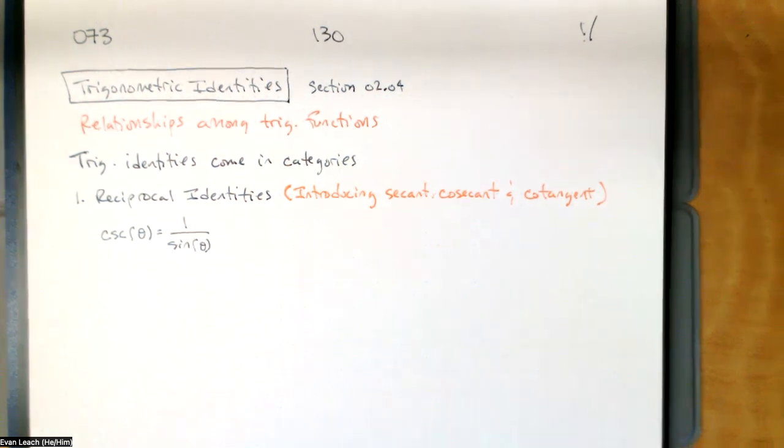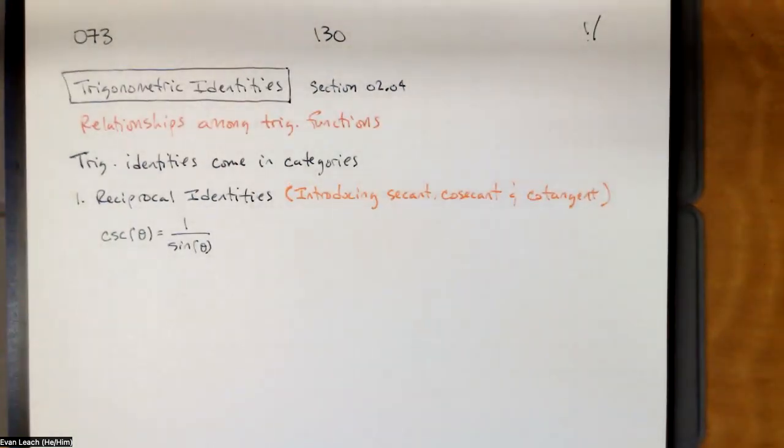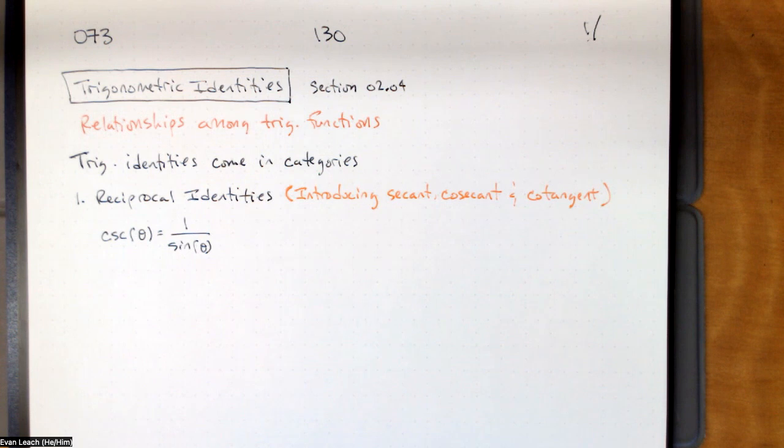So our first reciprocal identity is defining the function cosecant, which is the reciprocal of sine. Cosecant is the reciprocal of sine. Remember that cosecant is 1 over sine. In words, we would say cosecant is the reciprocal of sine.